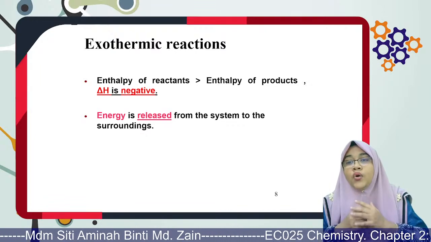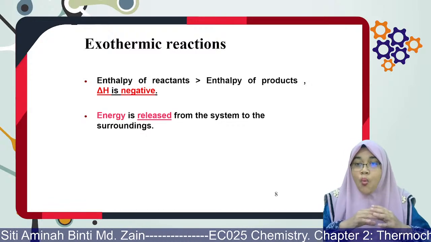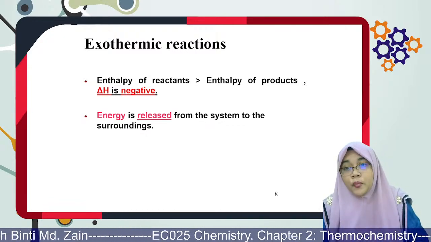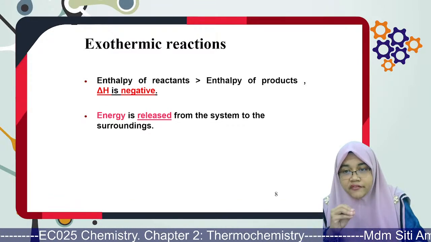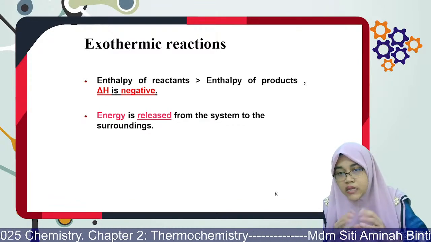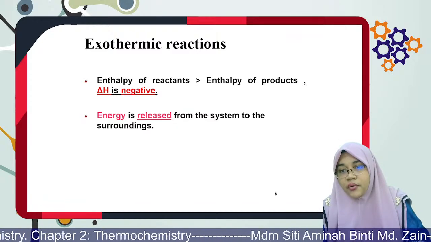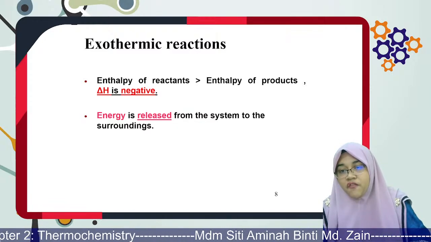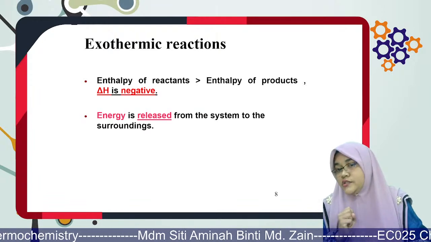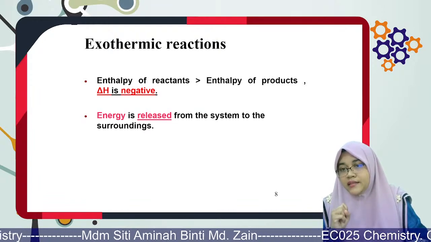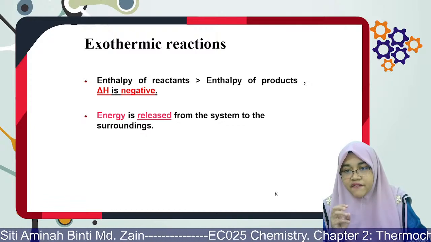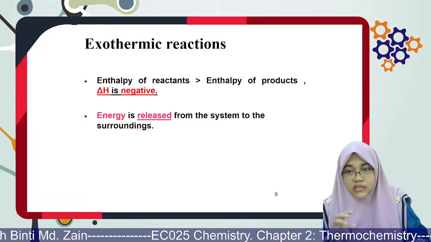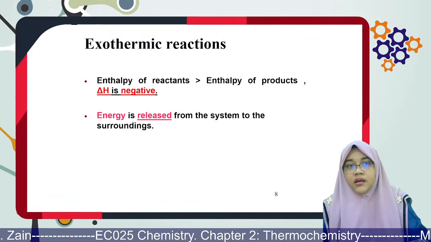So, in order for the reactant to convert to a product, some of the energy of the reactants has to be released to the surrounding so that the product will be formed. When the energy is released, the enthalpy is negative. Negative is classified as energy released. Right?